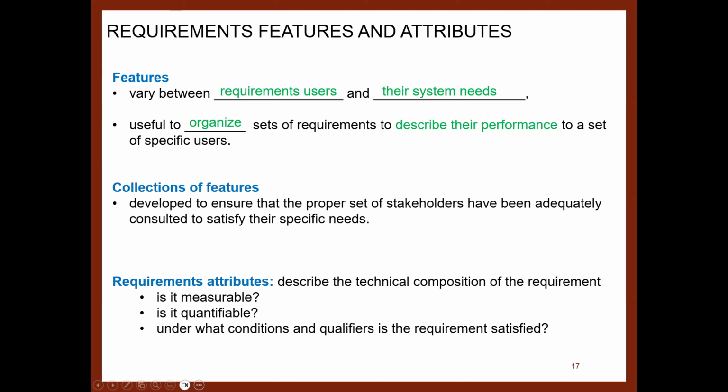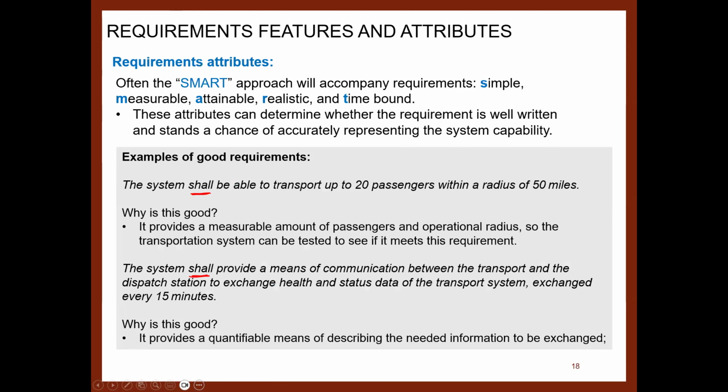Requirement attributes describe the technical composition of the requirement. Like, is it measurable, is it quantifiable, under what conditions, and is the system satisfied. So to define these system requirement attributes, often the SMART approach will accompany requirements.